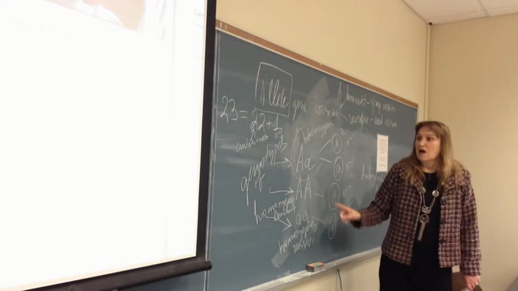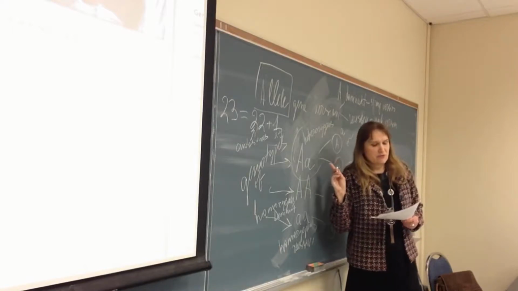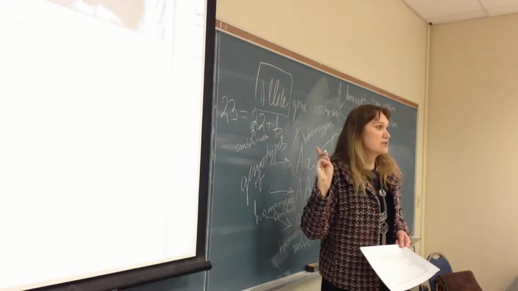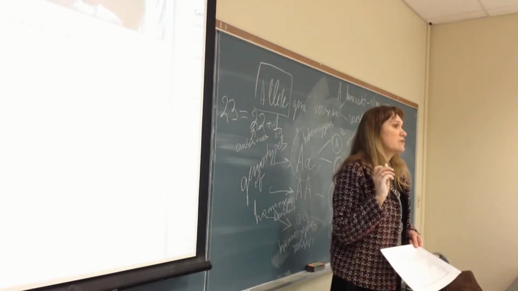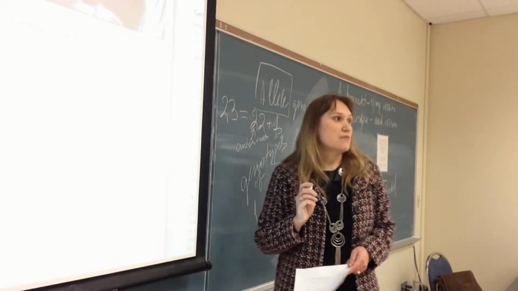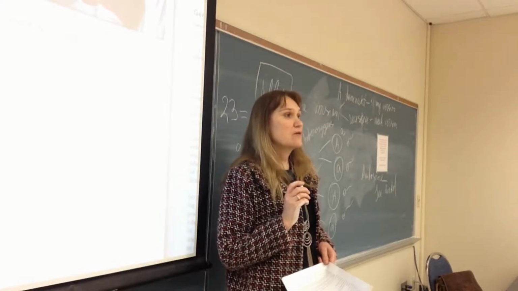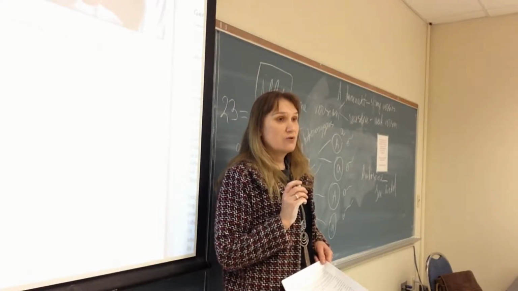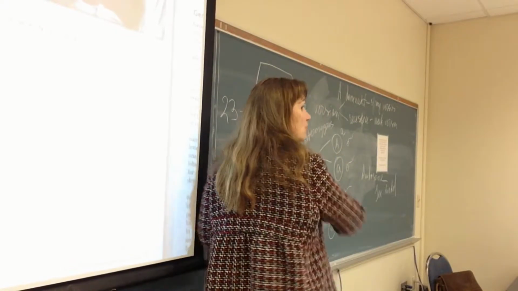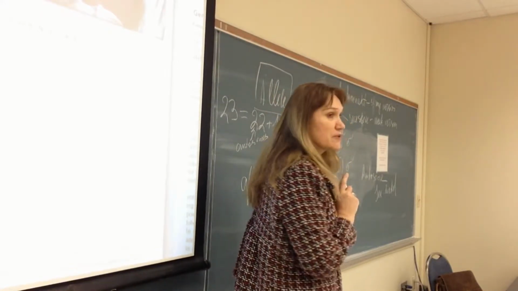So, autosomal or sex-linked. Autosomal means the location of the gene that we will be talking about. If we are talking about autosomal inheritance, what we mean is that the gene in question is located on one of these 22 chromosomes, which are not sex chromosomes.